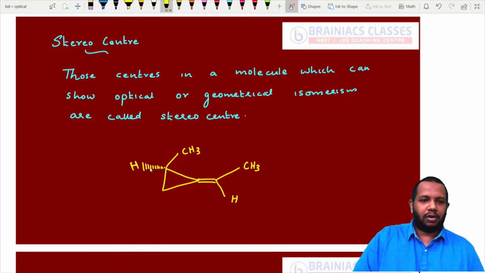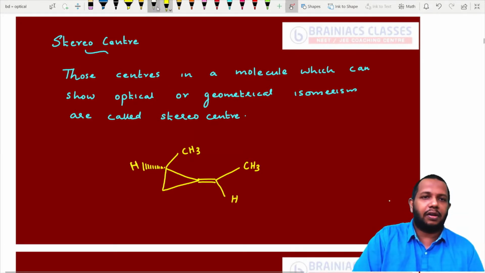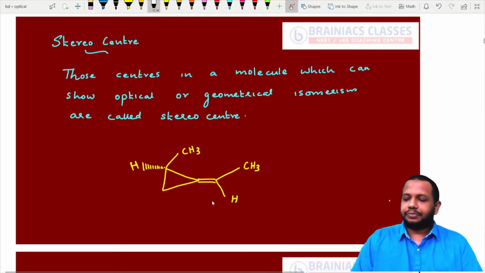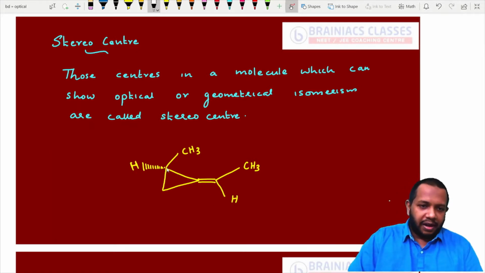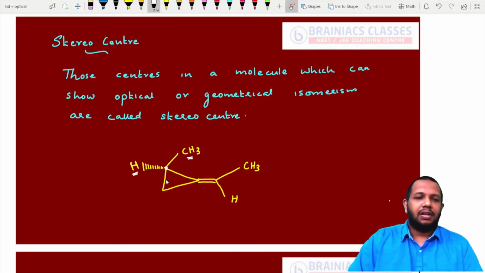I will explain what this notation is differently. Now if I am analyzing this carbon atom, one valency is CH3, the other valency is hydrogen, and the other two are the ring, it's a part of the ring, but we know that there cannot be a symmetry in this ring because both are different.